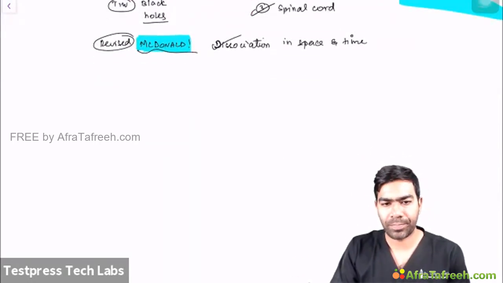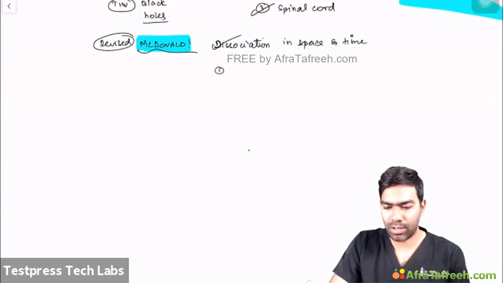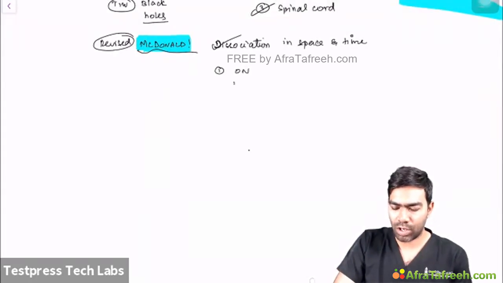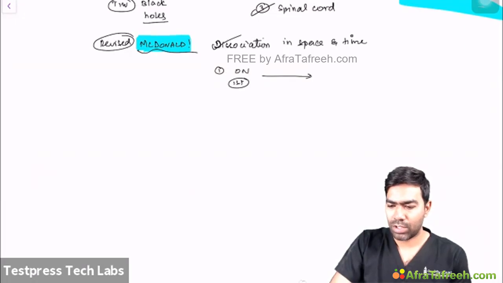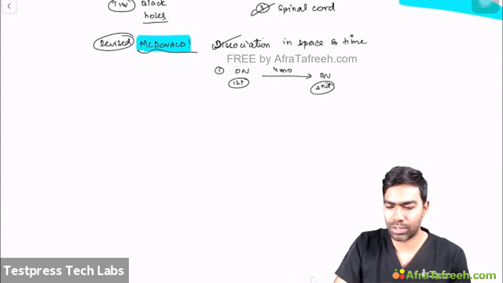So first thing, let me tell case number one, where you get optic neuritis, the first attack of optic neuritis. Then maybe after 4 months, the patient got another attack of optic neuritis. This is the second attack after 4 months.